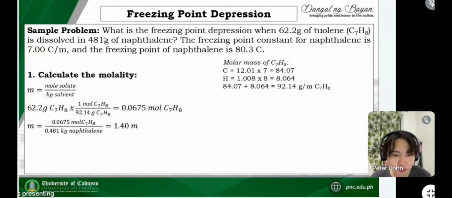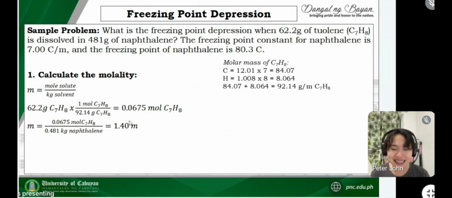So 1, 2, 3, 4 left kasi nga mas malaki si kilograms. So, ibig sabihin, 0.0673 mole of toluene over 0.48 kilograms of naphthalene. Ito kasi yung base lang sa formula natin. After that, we will get the molal of a solute, which is 1.40 m.